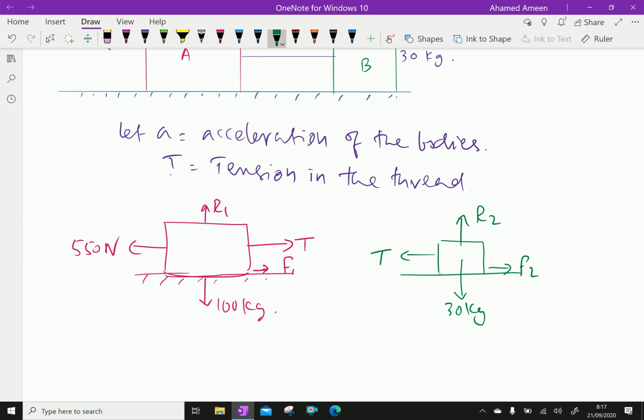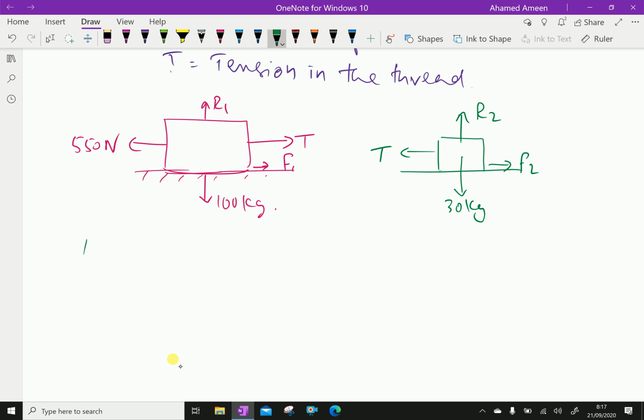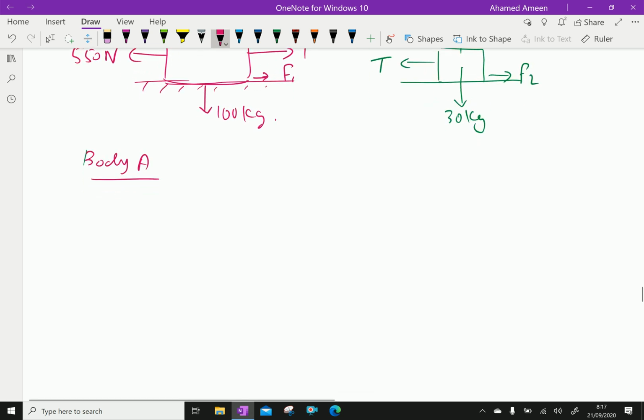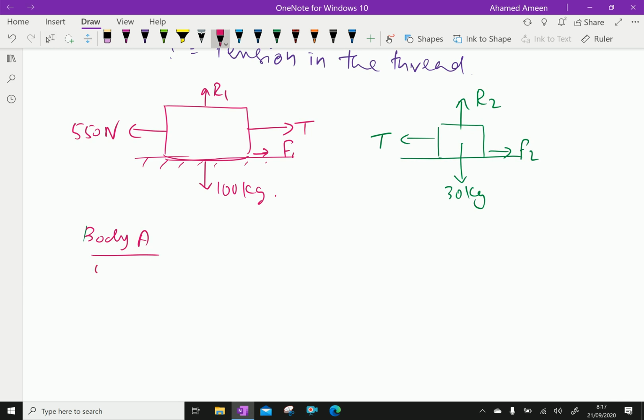Now first consider body A. First is 550 Newton acting towards the left.